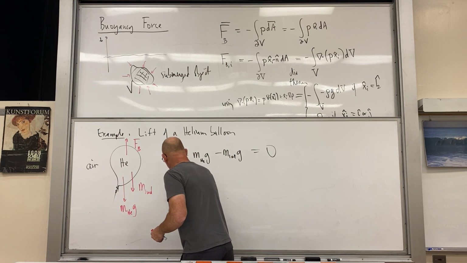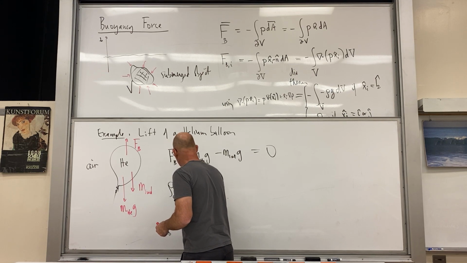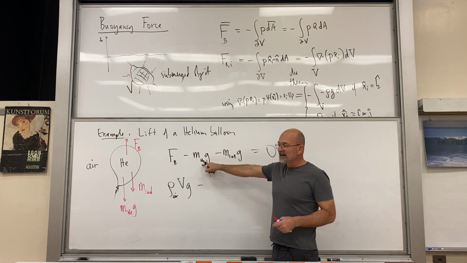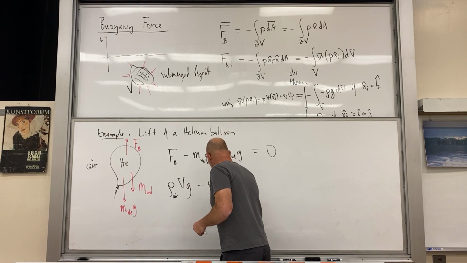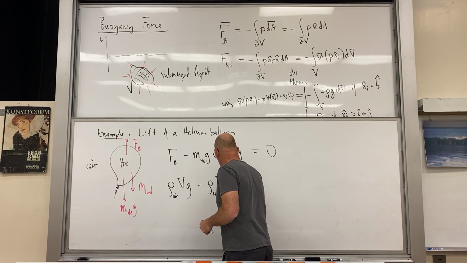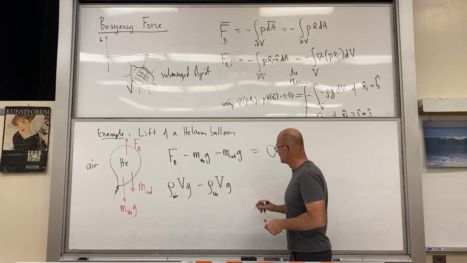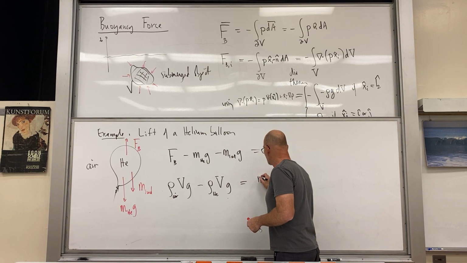We then have density of air, volume of the balloon, G. Now the mass of the helium is the density of helium times the volume of the balloon times G. And I'll bring this to the other side.